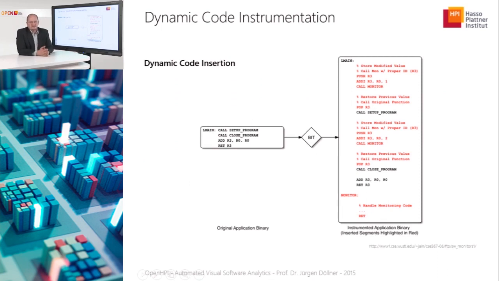The principle of dynamic instrumentation, or binary instrumentation techniques, is outlined here. On the left, we see binary code represented by assembler statements, and on the right the instrumented version at binary level, at machine code level.